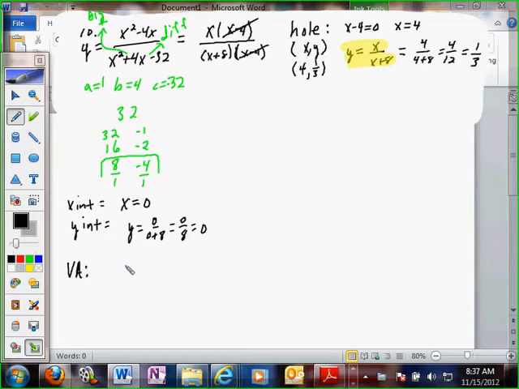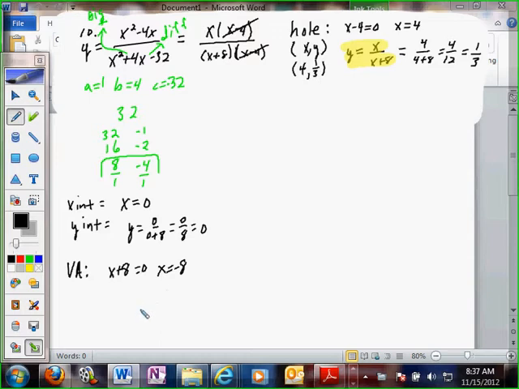So I want to take my denominator, set it equal to 0, and solve for x. So x equals -8 is my vertical asymptote.